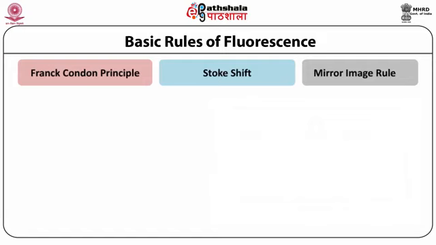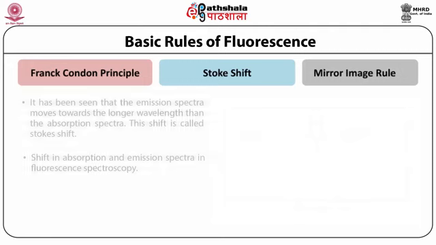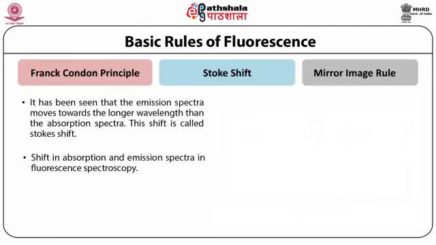and falls back to the ground state with the emission of light having lower energy than the observed light. Therefore, the emission spectra move towards the longer wavelength and a shift is observed in absorption and emission spectra. This shift in wavelength delta lambda is called Stokes shift or governed by Stokes law.